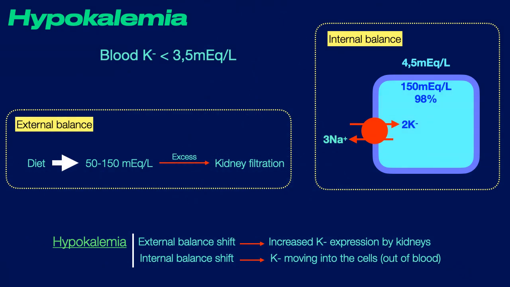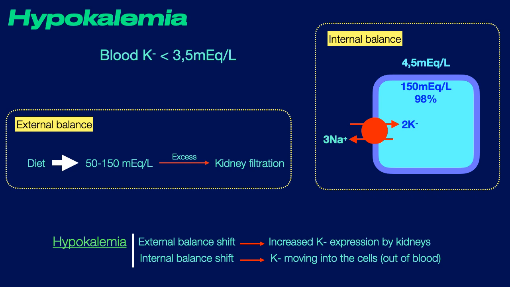Okay, with hypokalemia, hypo means under, kal refers to potassium, and emia refers to the blood. So hypokalemia means lower than normal potassium levels in the blood, generally under 3.5 milliequivalents. Now, the vast majority, around 98% of all the body potassium is intracellular, all right?